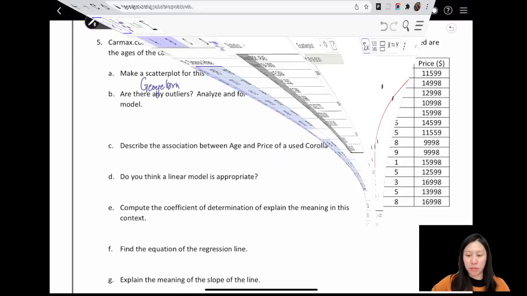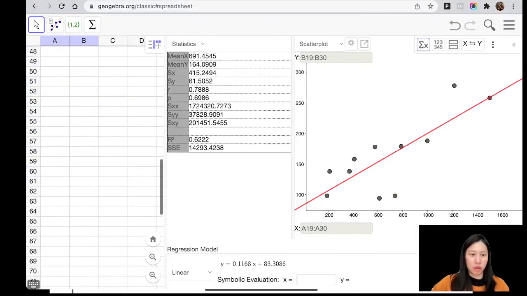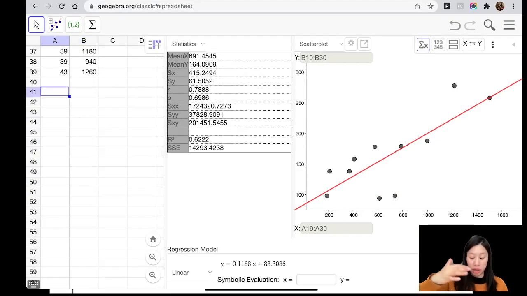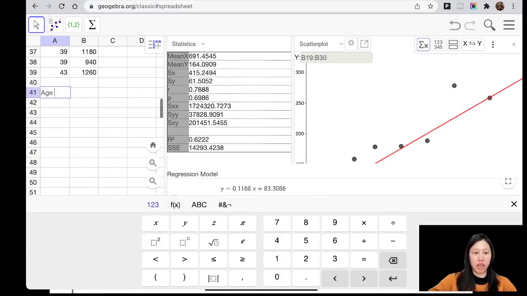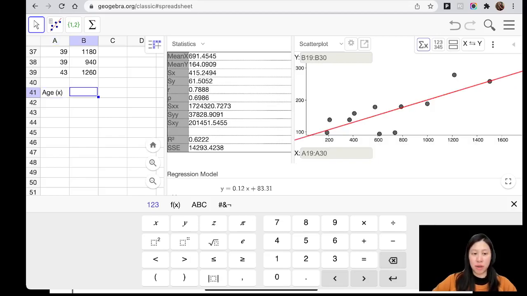Remember, our first column should be our x value, which is the age of the car. This is the explanatory variable, and we also call it the independent variable. And then there's the price in dollars.